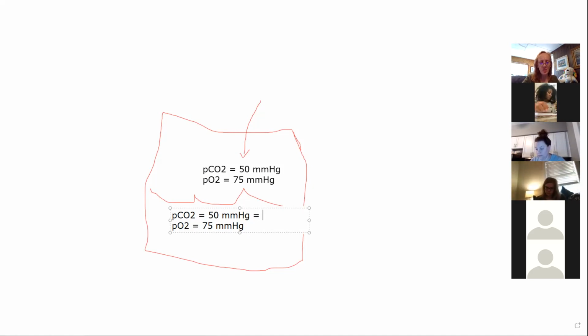So it's going to have a solubility of about 2.5, not millimeters of mercury, millimoles per liter.